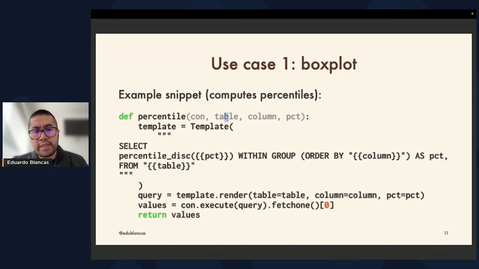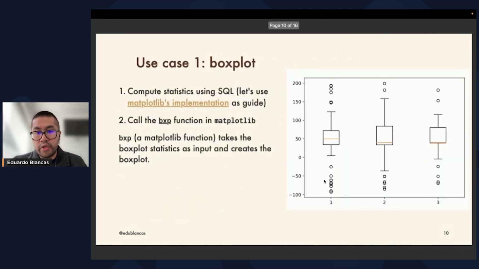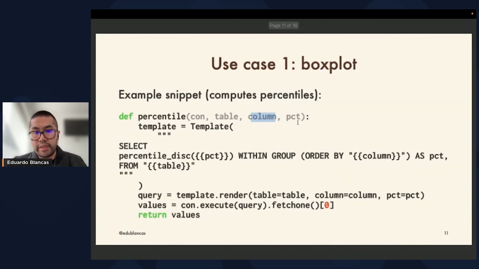Table, I'm calling this a table, but this is really going to be a CSV file or a Parquet file, and we are going to query that file through DuckDB. The column is the column that we want to use as input to generate the box plot. And then the percentile. This can be 0.5, 0.25, 0.75, which are the values that we need.